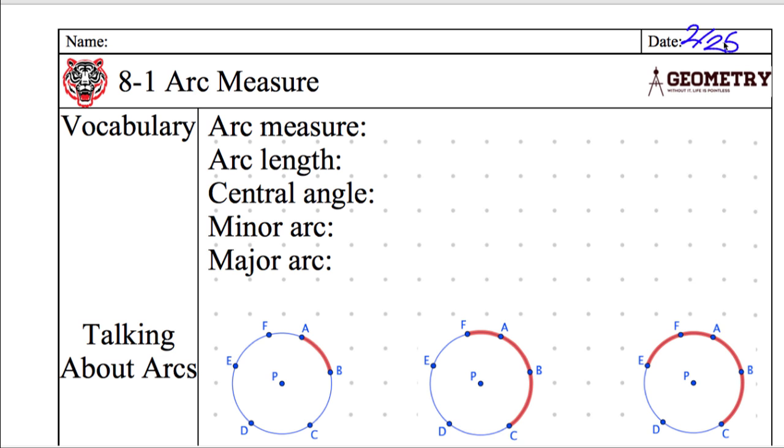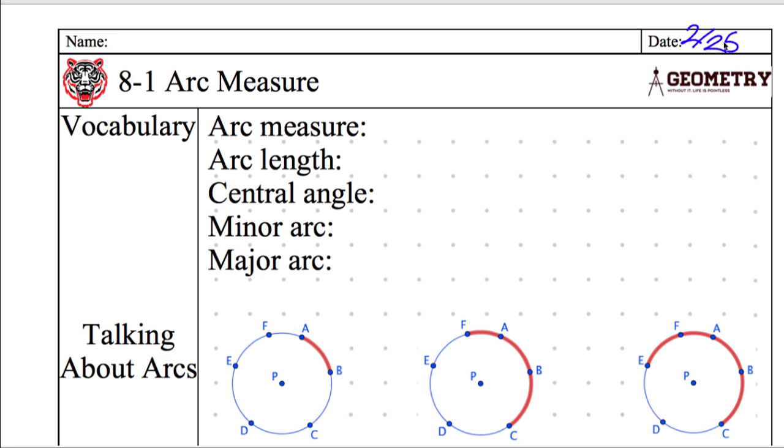Yeah, so arc measure. Today is just looking at the outside of the circle. We have a lot of vocab to get us started off. So what do I mean when I'm talking about arc measure? Arc measure is just the measure in degrees, how many degrees have I gone around the edge of the circle.